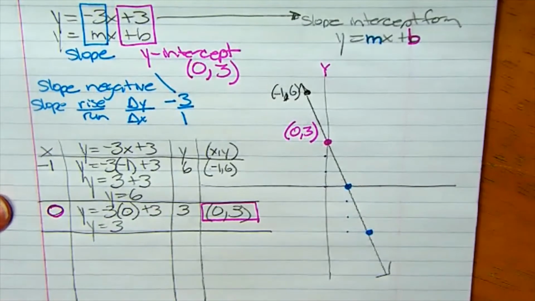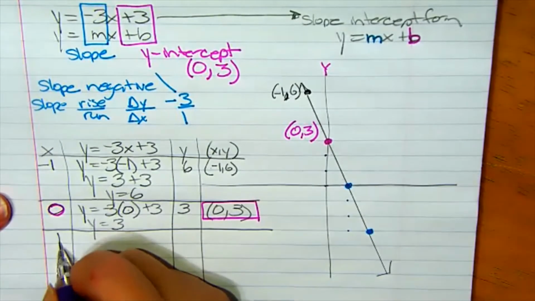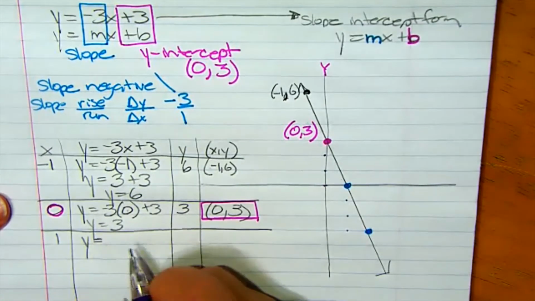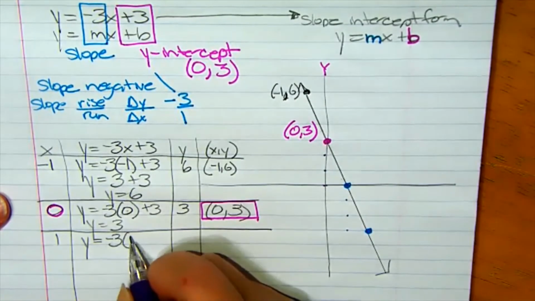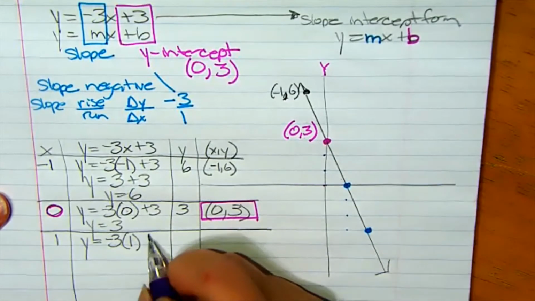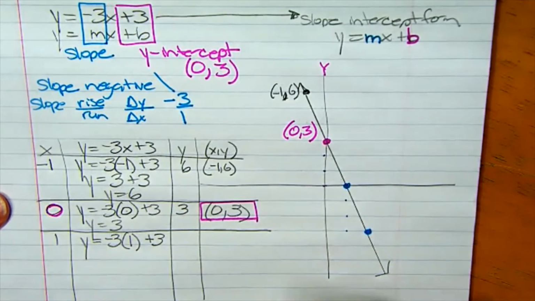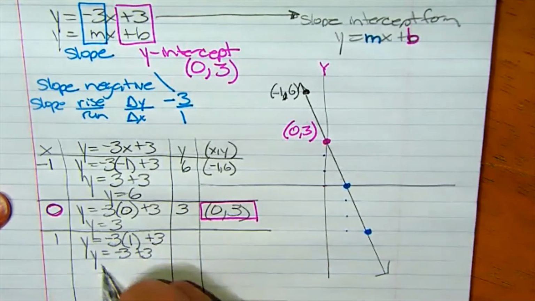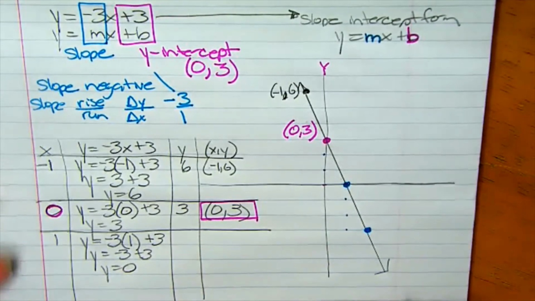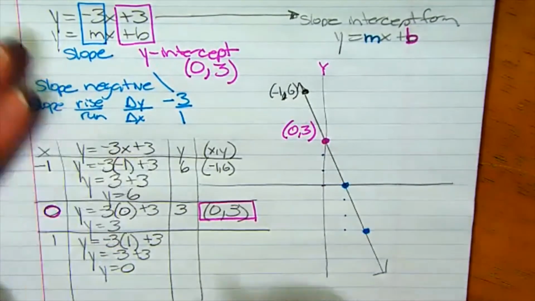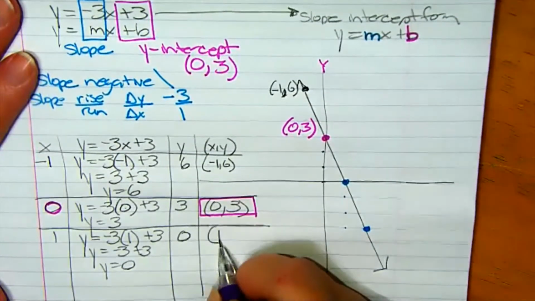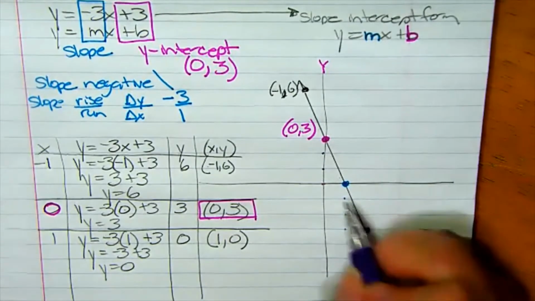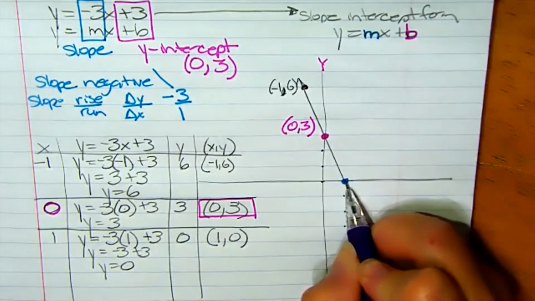Now I need a positive. So I'm going to pick an easy number to work with, positive 1. y equals negative 3x plus 3. I'm going to substitute positive 1 for x. y equals negative 3 plus 3. y equals 0. So when x is 1, y is 0. There we go. So let's graph it. Oh, look at that.